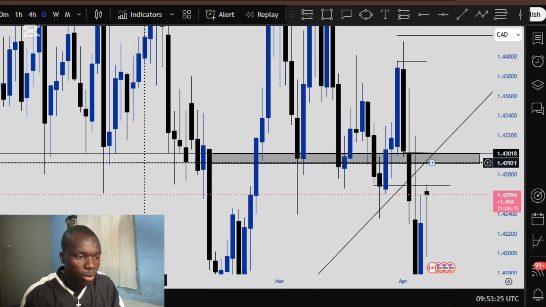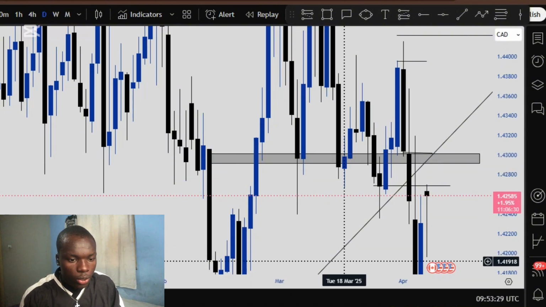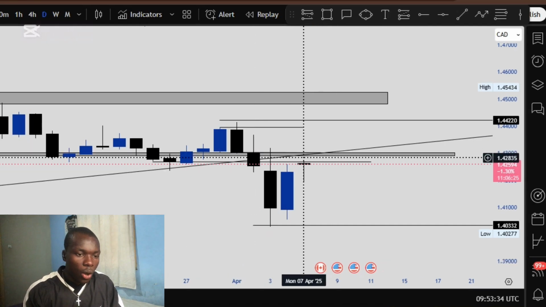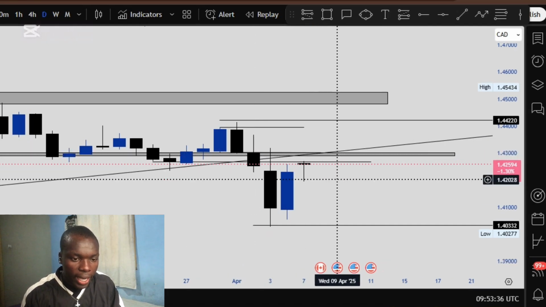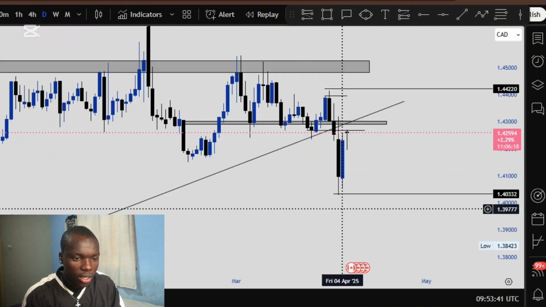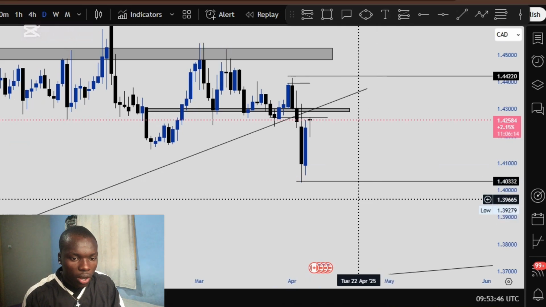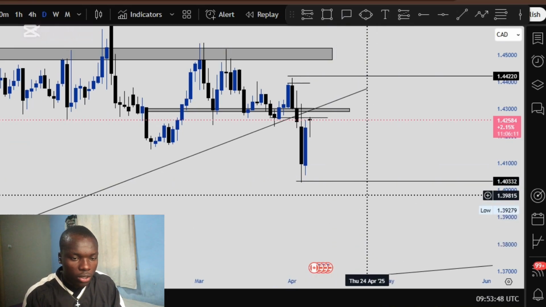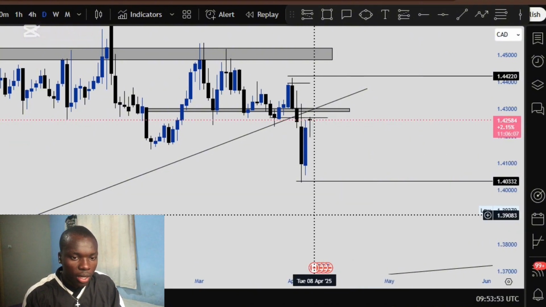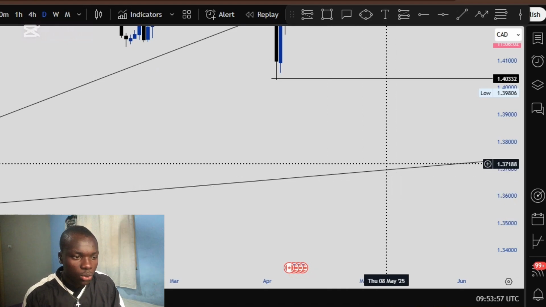So this is our area of interest. We'll be waiting for the price to tap in here, then we are going to sell to this low. This particular zone, the psychological level 1.4000, will be our TP1. Then from there we can be selling to this psychological level 37000. That's what we are expecting.